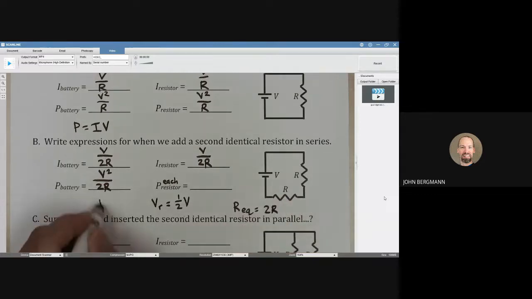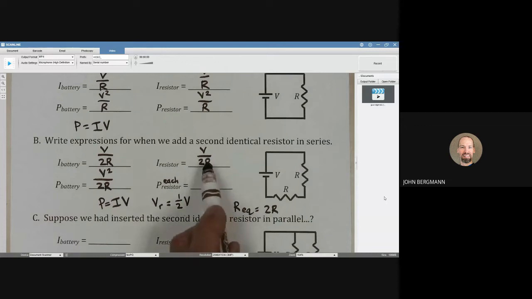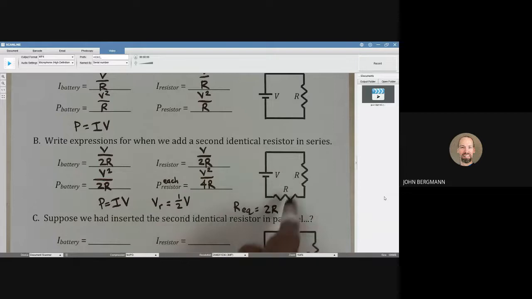When we do power is equal to I times V, we have to take this I and this V right here. So I'm thinking that that's going to be V squared over 4R. And look at that. Since you have two resistors, you have V squared over 4R. You double that, and that's going to be the power that's being delivered by the battery.